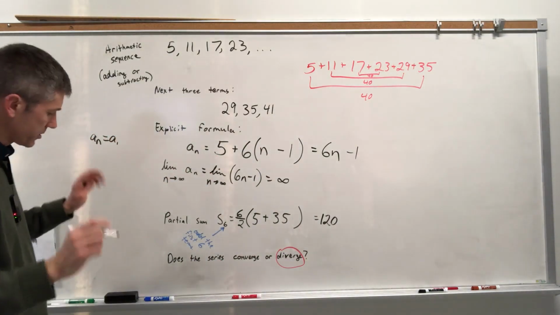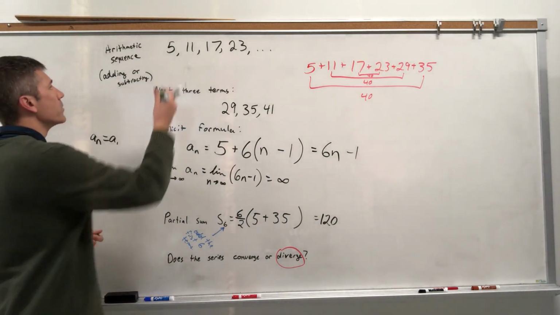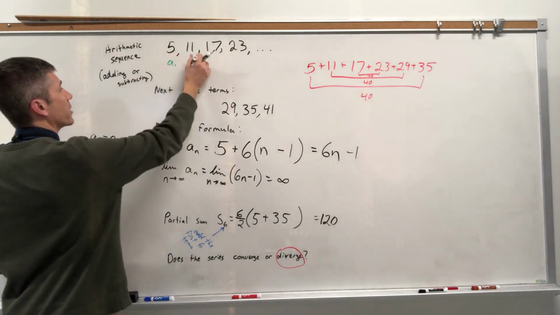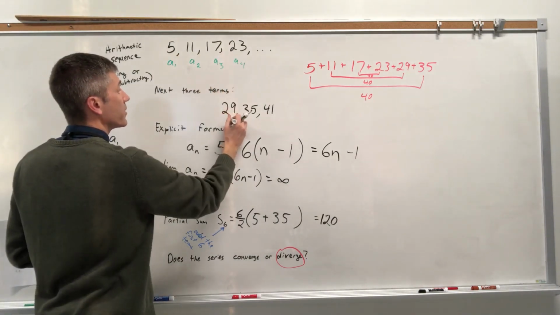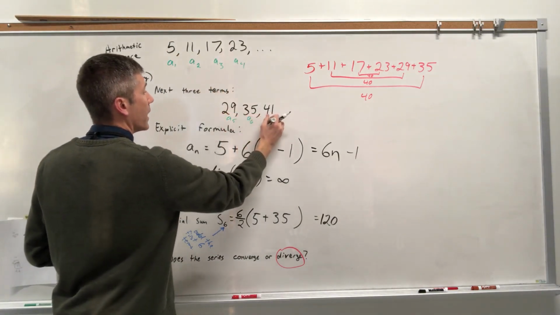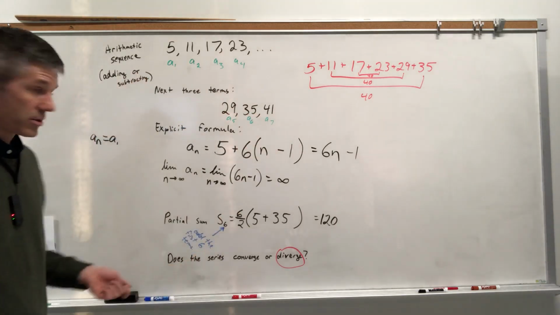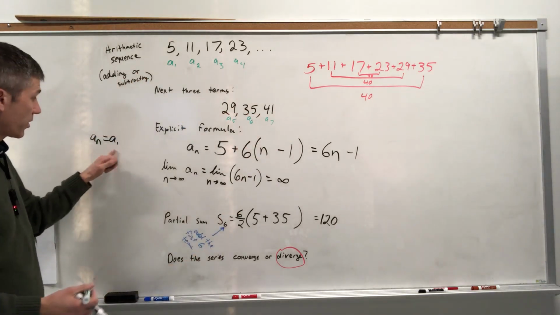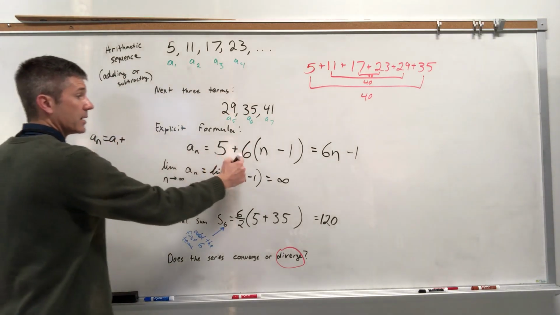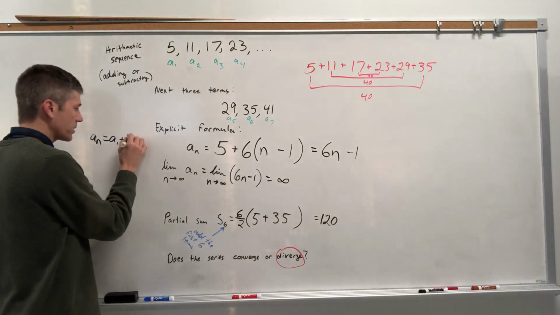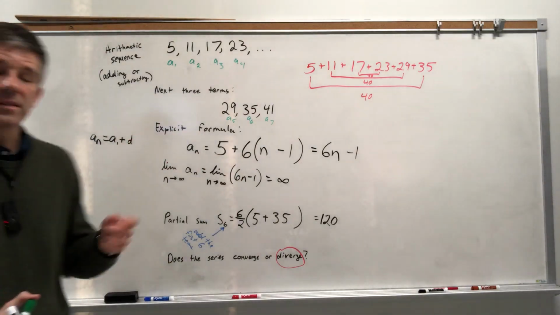Good to know. Let's pause and say more right here. This would be my first term, my second term, my third term, my fourth term, my fifth term, my sixth term, my seventh term, my nth term. Whatever term I want is the first term plus that number. And that number, I'm going to call it D. D, the common difference.